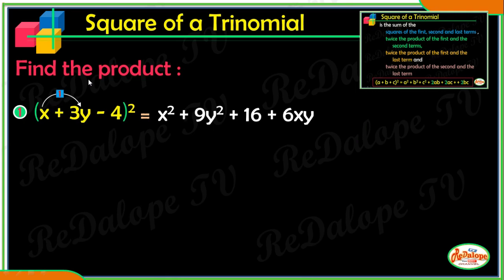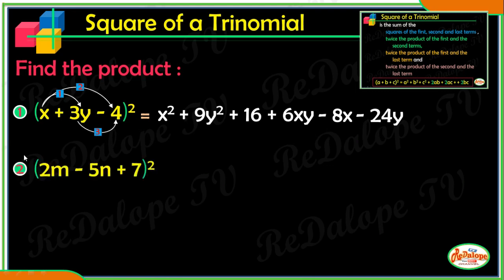So we have x times negative 4, so that is negative 4x, times 2, so that is negative 8x. And then the last term, we have twice the product of the second and the last term. So we have 3y times negative 4, so that is negative 12y, times 2, so that is negative 24y.